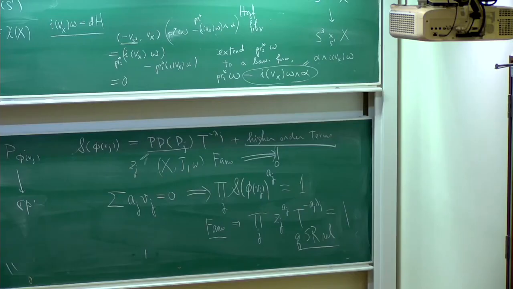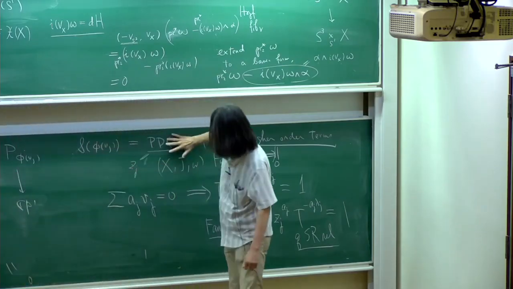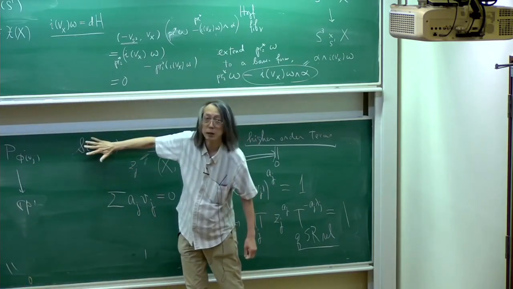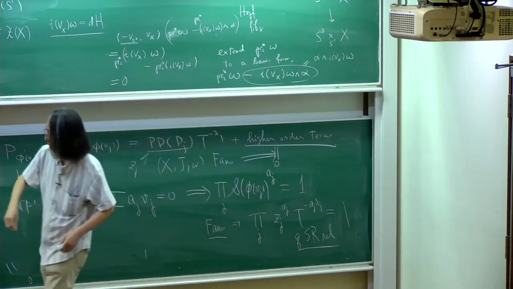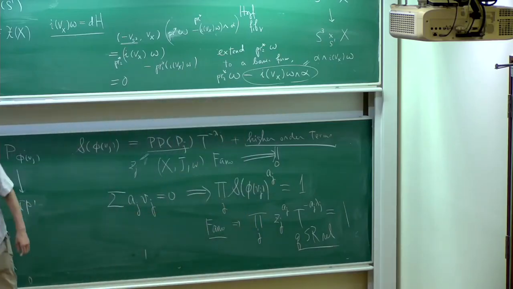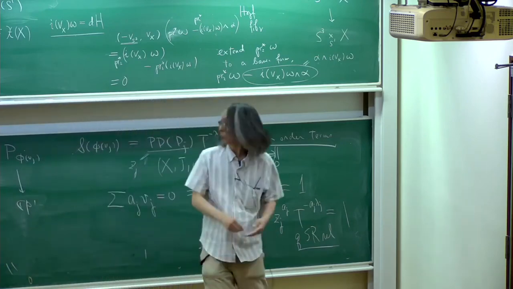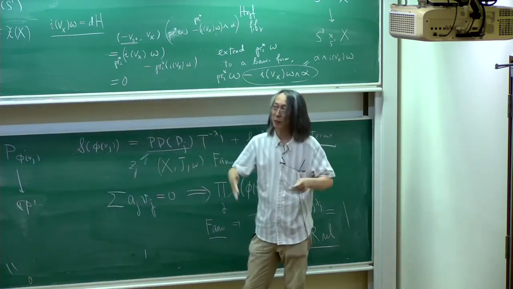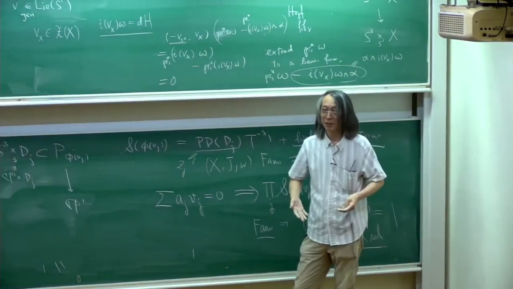So quantum Stanley-Reisner, this one holds if you replace this one by this one, so it's okay. But for this one, the linear relation is not necessarily true, because the linear relation is a relation among second cohomology classes.